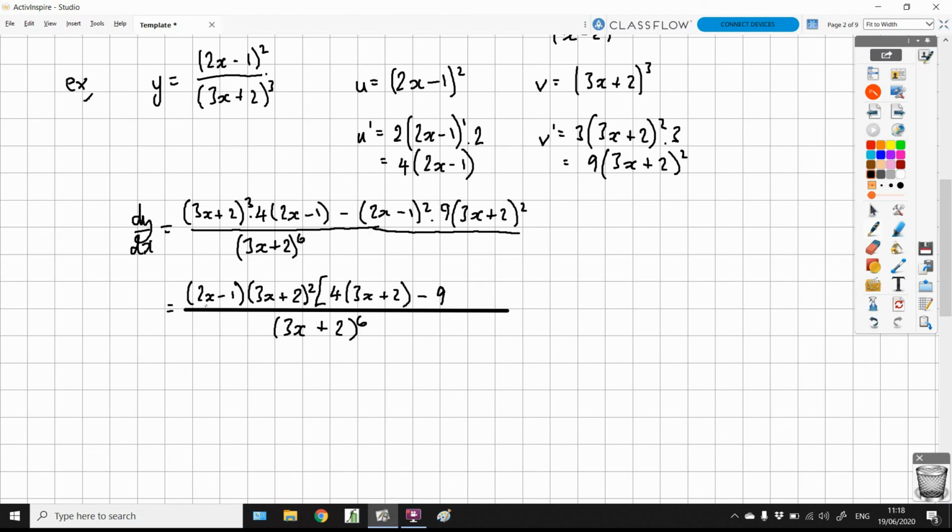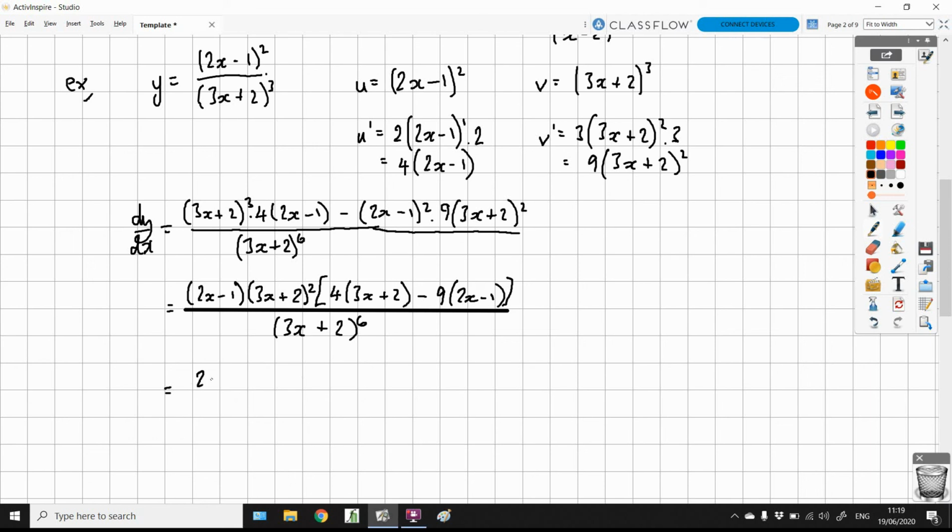The 2x minus 1, I'm short of one bracket there. So I've got a 2x minus 1, so that times that makes this squared. But this 3x plus 2 all squared, that's already been completely removed. So I'm actually finished the numerator there.